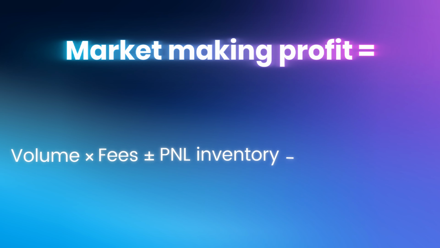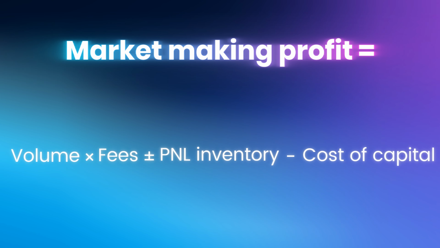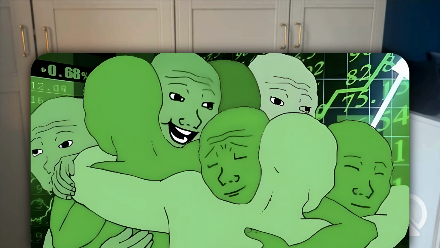And then you deduct also from their profitability the cost of capital, because market making is a very capital intensive business and they need external financing to be able to provide the liquidity. Now, in my opinion, it's the third element, the cost of capital, that gets drastically reduced by smart collateral and smart debt. And if market makers become much more profitable, some of this profitability translates into lower fees or tighter bid-ask spreads, from which every user will benefit.